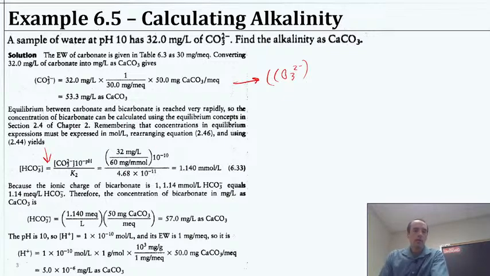Given that, they backtrack and take the 32 milligrams per liter, calculating the CO3 2 minus in moles per liter, and then converting to millimoles so that we can get the answer in millimoles per liter of bicarbonate.